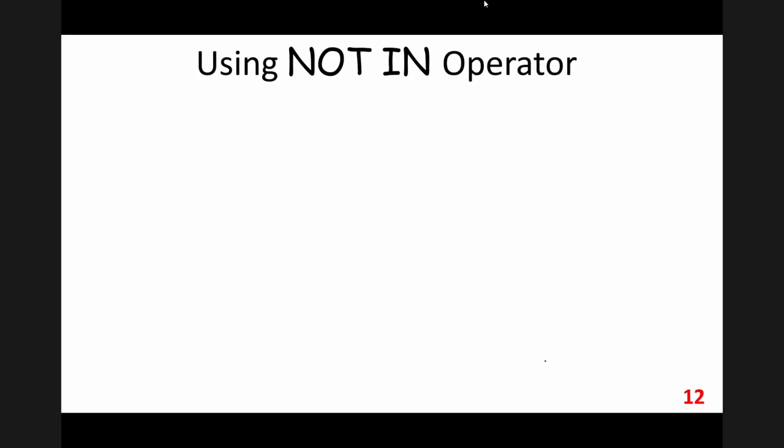Remember, our goal is to represent A except B. Now we cannot use the except keyword to write this expression. Can we say the project number in set A and the project number not in B? How about that? So A except B. So B is outside.